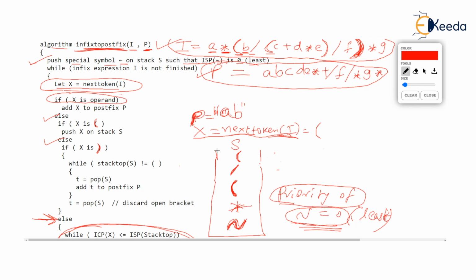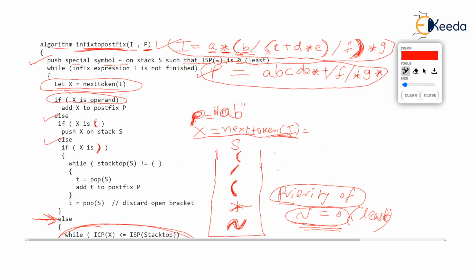Okay, let's see next. Now the next token here is plus. Oh, I'm sorry, C. I'm so sorry. C is the next token, isn't it? So if C is the next token, C will be inside X. Now we will have X equal to C. X is C. What do you do with this?